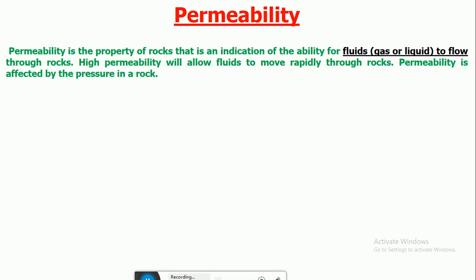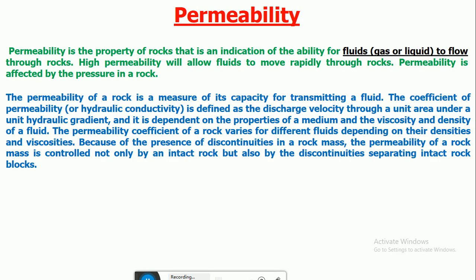Permeability is affected by the pressure in a rock. The permeability of a rock is a measure of its capacity for transmitting a fluid. The coefficient of permeability or hydraulic conductivity is defined as the discharge velocity through a unit area under a unit hydraulic gradient, and it is dependent on the properties of the medium and the viscosity and density of the fluid.